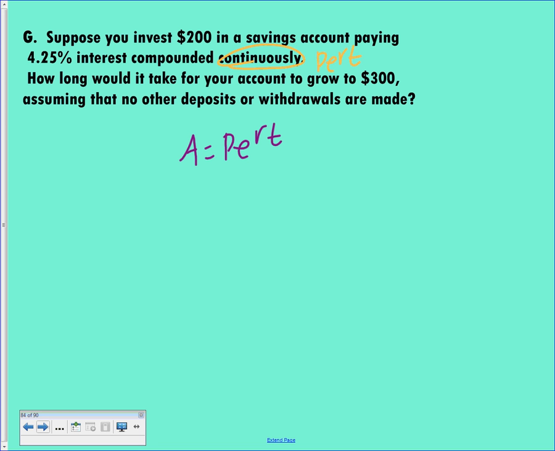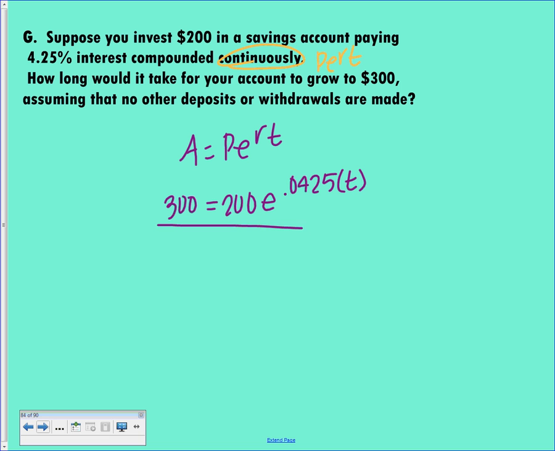It says, suppose you invest $200, so that would be my starting amount. e is just e. Savings account 4.25%, so that'd be my rate, 0.0425. I don't know my time, so I'll throw in a t there. And I want it to grow to be 300, so I'll plug that in on the left. Now I'm solving for t.